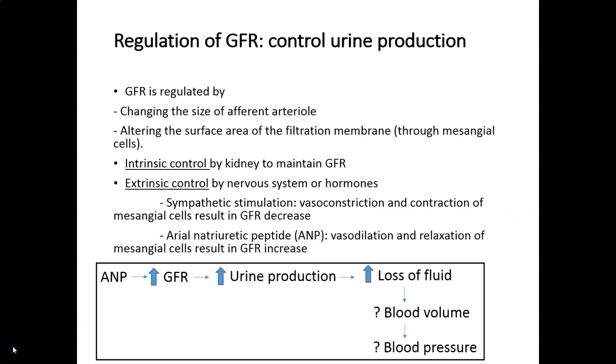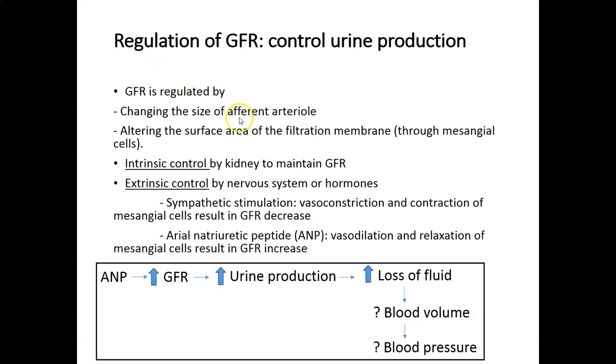So for the next couple of slides, we are going to summarize what regulates GFR. GFR is regulated by the size of the afferent arteriole. Remember, the bigger the afferent arteriole is, the more HPG they can generate, because it increases the blood flow into the glomerulus, therefore increasing the hydrostatic pressure in the glomerulus.